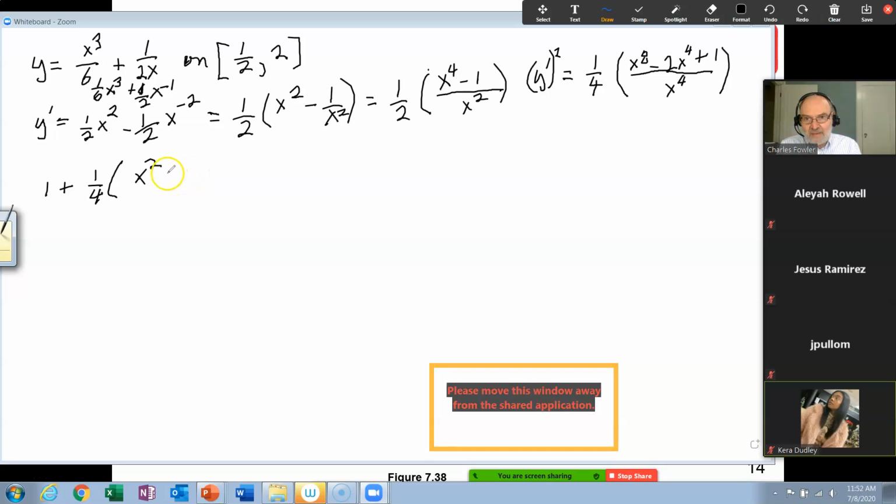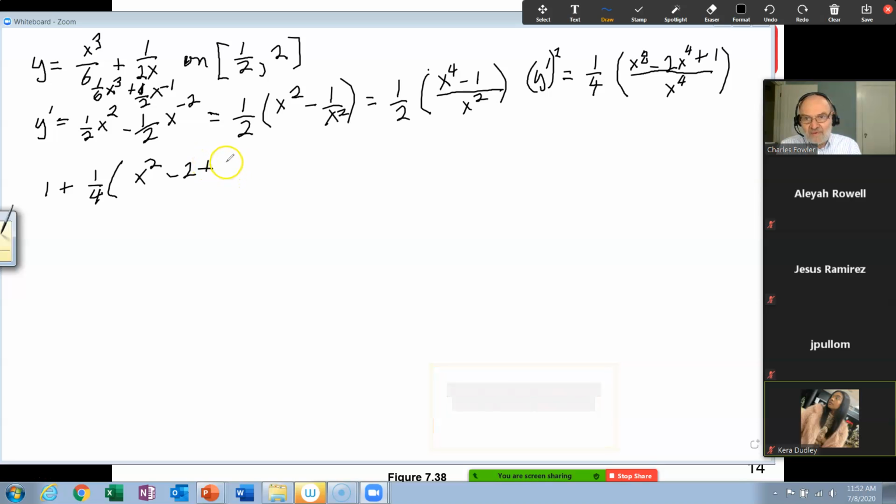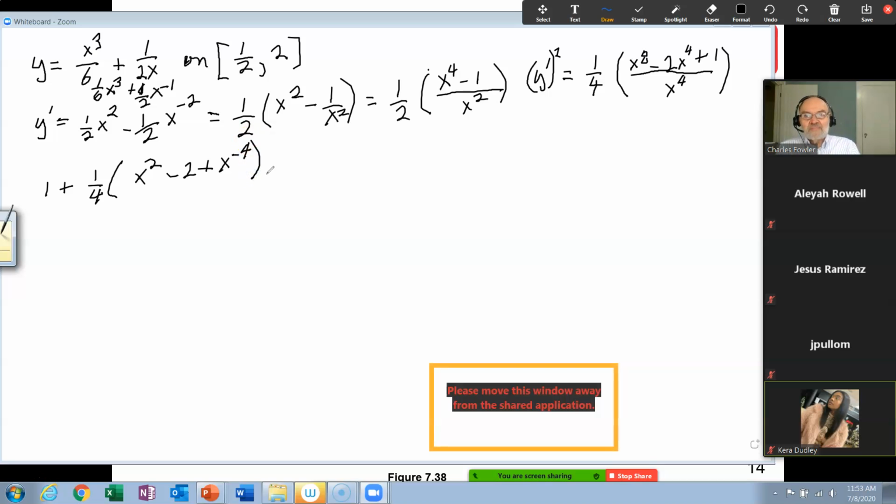And that would be a minus 2 plus 1 over x to the minus 4. That's what I've got as what's going to go into the radical.